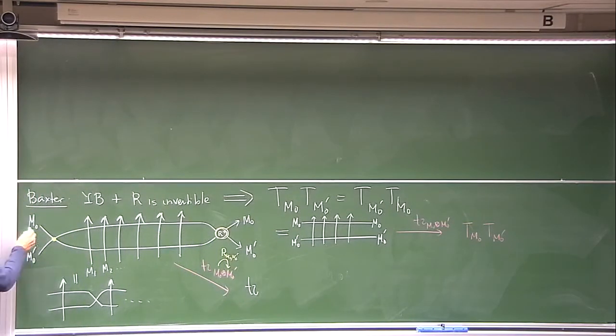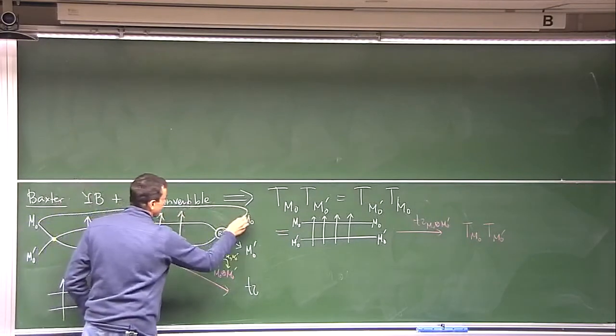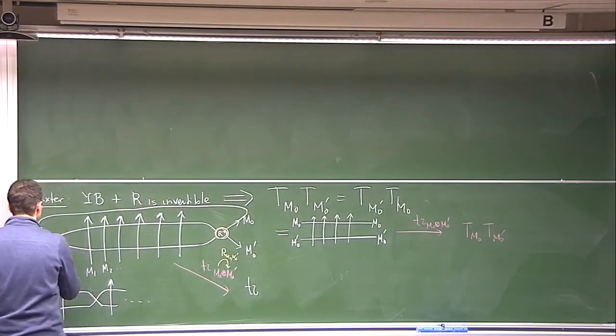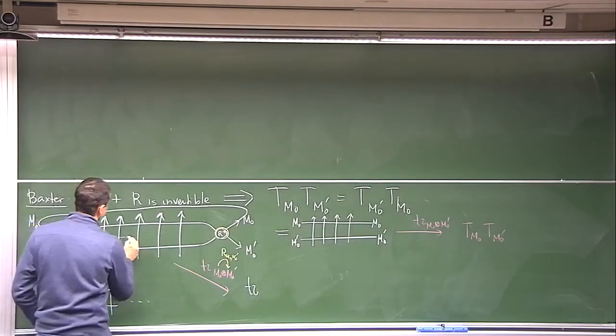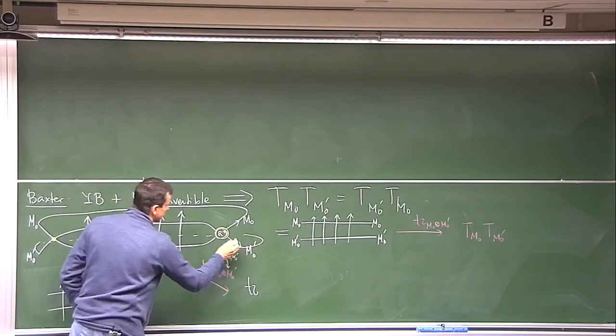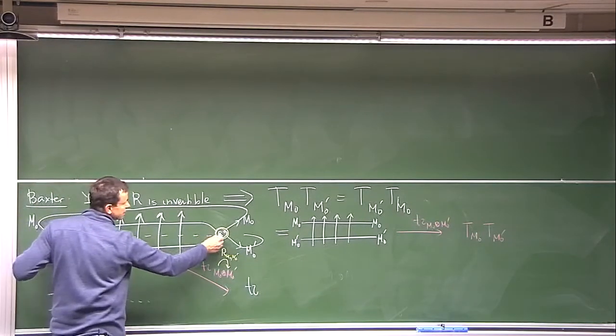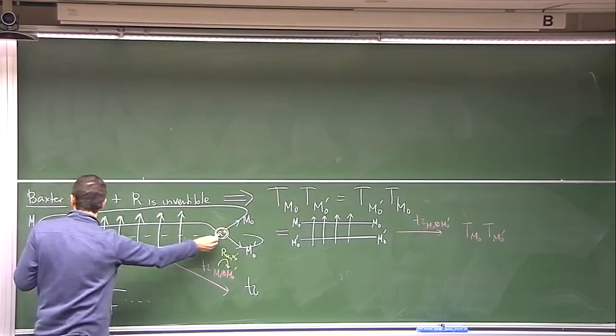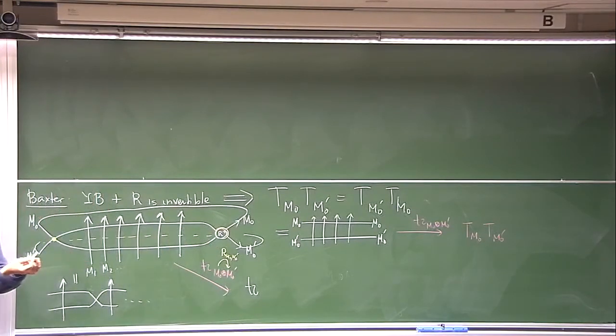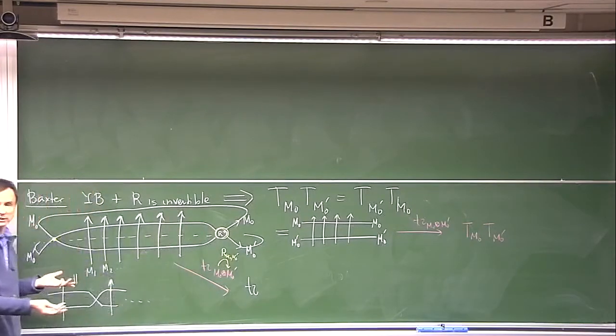To take the trace, we can take this guy and loop it like that. This is what it means to take the trace. But if we loop it like this, then on the cylinder these two guys are just together, and on the cylinder they just cancel.